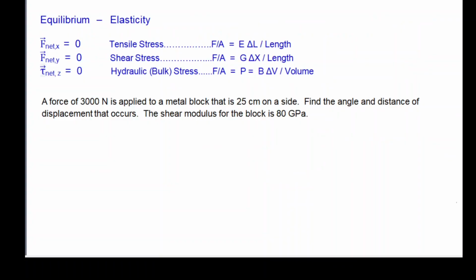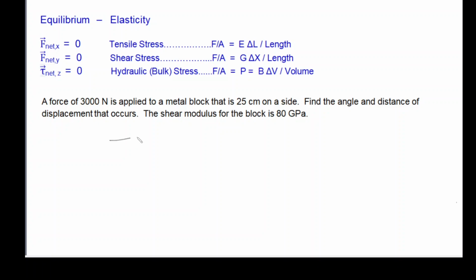Let's do another shear problem. A force of 3,000 newtons is applied to a metal block that is 25 centimeters on a side. Find the angle and distance of displacement that occurs. The shear modulus for the block is 80 gigapascals.